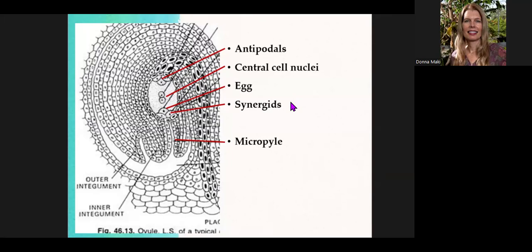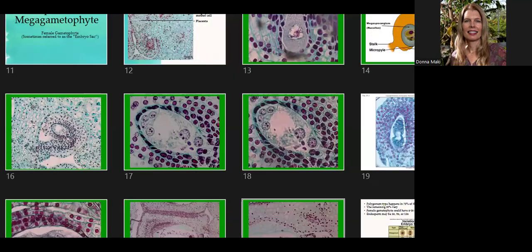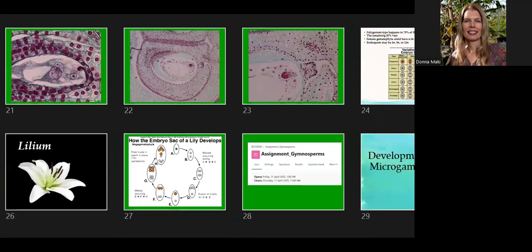These 2 polar nuclei and that second sperm fuse, and then you're up to the triploid state, the 3N. That's the double fertilization idea. Both sperm do something. We didn't see that in the gymnosperm, where one of the sperm just kind of died off. So that's a review of what we talked about before.